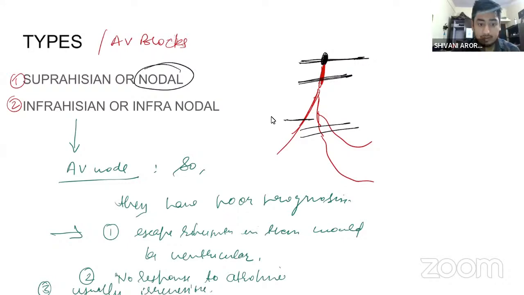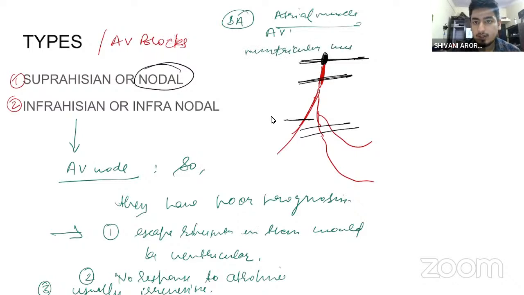Clear? So why they don't respond to atropine is, we have muscarinic receptors on SA node, AV node, atrium muscles, but we don't have muscarinic receptors on ventricular musculature. Clear?